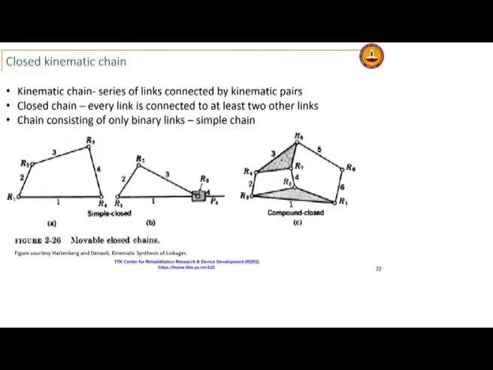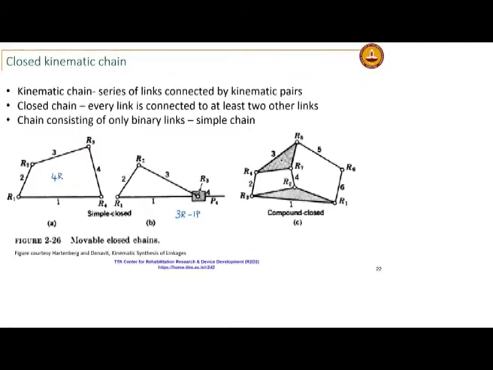When you fix one of the links, it becomes constrained motion between some input and some output. There can be more than one input for a single output. This is called a 4R kinematic chain. You have 4 revolute joints in this kinematic chain. This would be called a 3R 1P. There are 3 revolute joints and 1 prismatic joint.